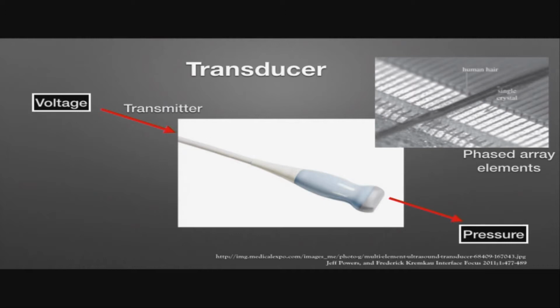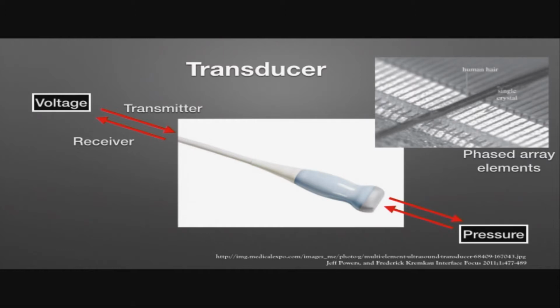That pressure is then sent out into the body, and when you get some acoustic variable interface, some of that pressure will then be sent back to the transducer, hits one of those piezoelectric crystals, part of the array, which change that pressure into a voltage, which is then sent back. And that information is sent back to the transmitter.